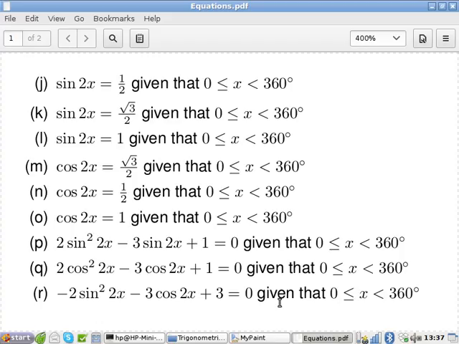It made the same equation, did it? Exactly the same. So then everything proceeds the same.